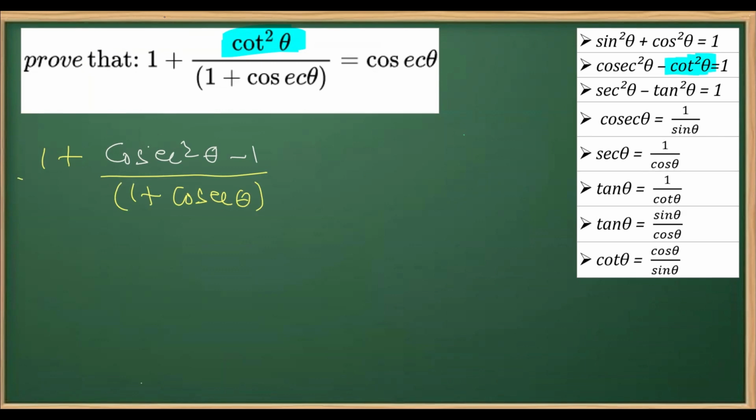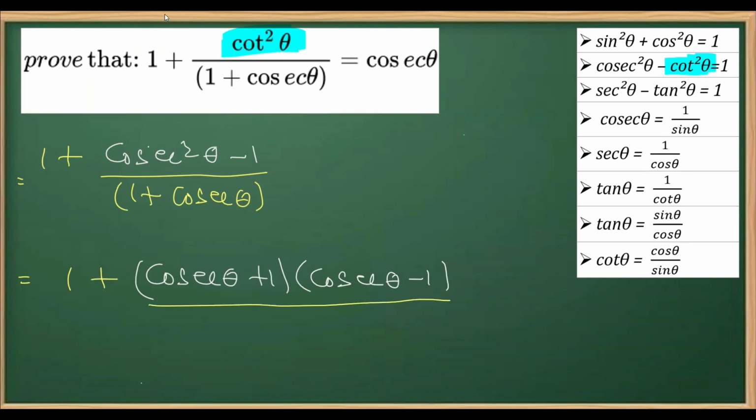Now this is equal to, in the next part, cosec²θ minus 1. Applying the identity a square minus b square, I can write this as a plus b multiplied by a minus b. A is cosec and b is 1, so cosec plus 1 multiplied by cosec minus 1, and below it is 1 plus cosec⁴.